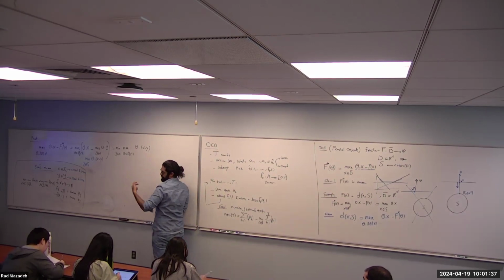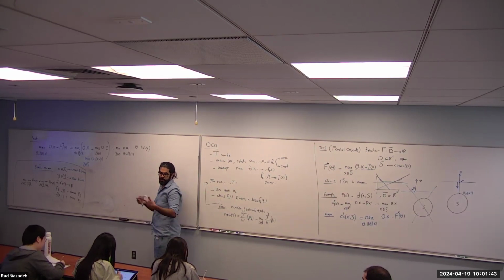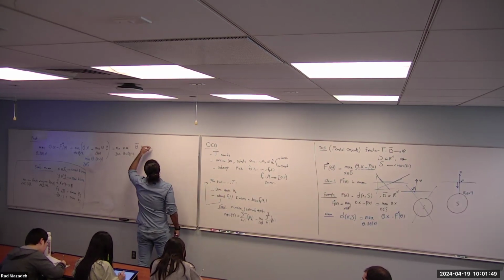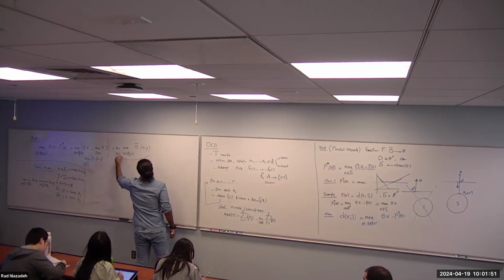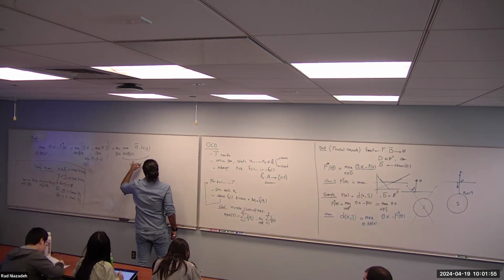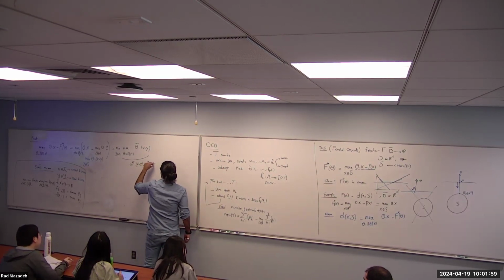Just pick theta to be in the direction of x minus y, but have a normal vector, have an L2 norm of one. So theta star is x minus y divided by the L2 norm of x minus y.